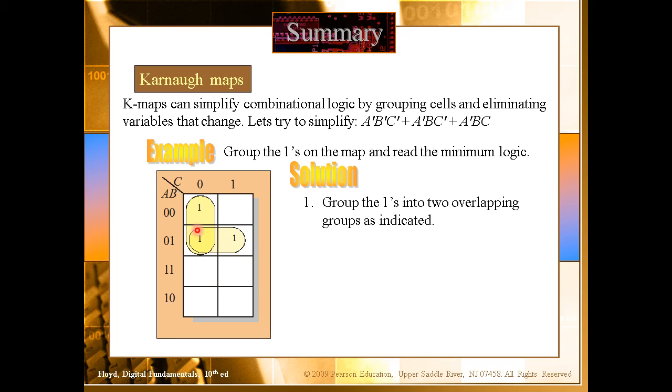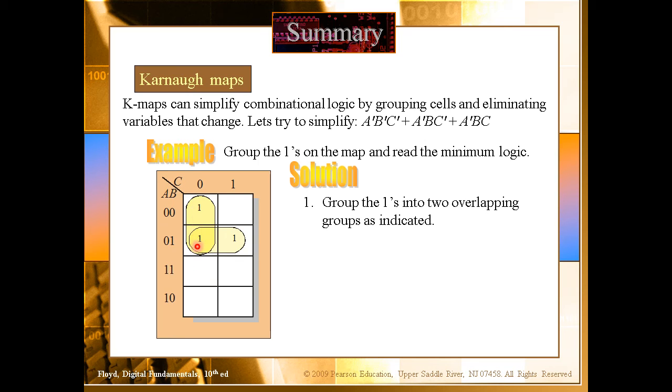You can make a group of 2 1s, 4 1s, 8 1s, or 16 1s. These are your choices. In this case, 8 would be the max, because 8 means you have 1s in all the cells, but you don't have 1s in all the cells. So you can make groups of 1s, and between the groups you can have overlaps like this.